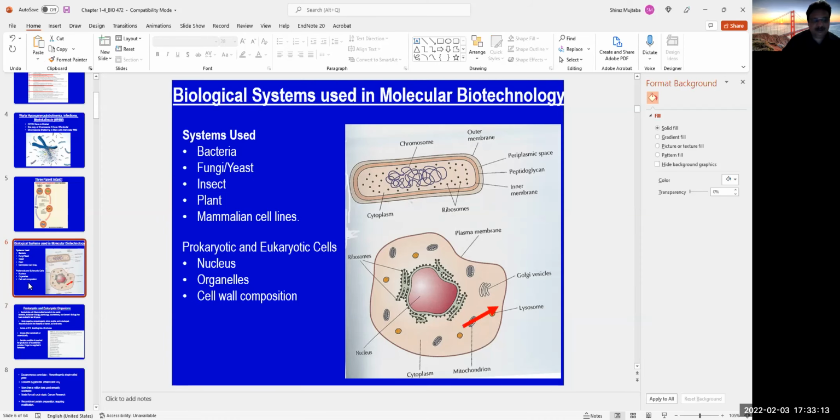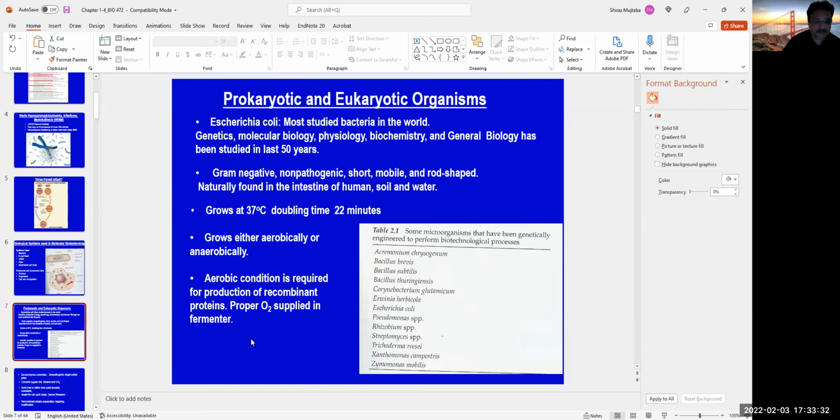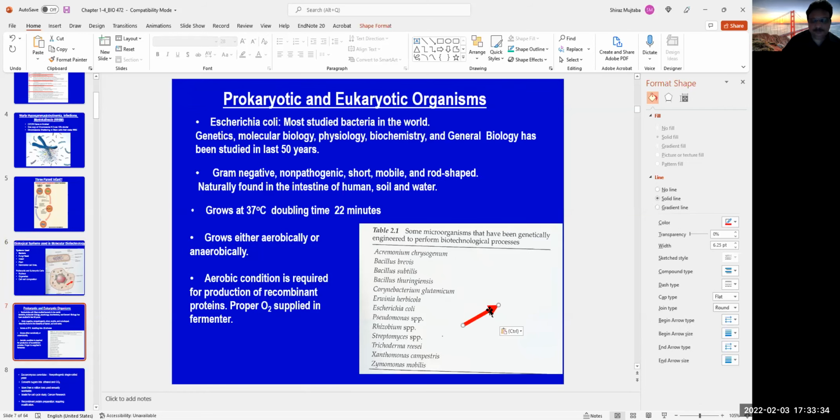So the bottom line is that there are various model systems that can be used to understand human diseases, or to develop some therapeutic molecule that can be used for treatment. So these are some of the microorganisms that can be used for growing and for making molecules.